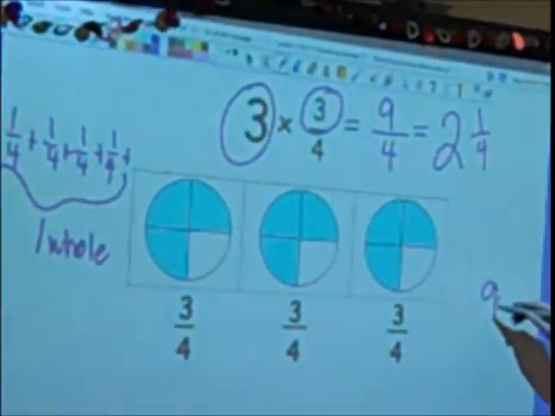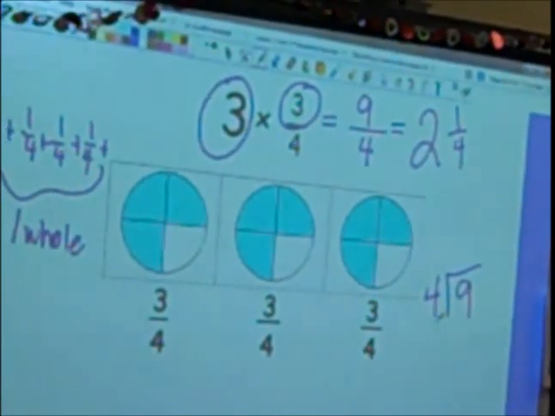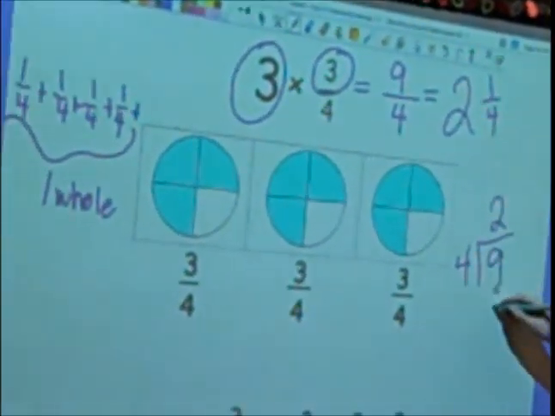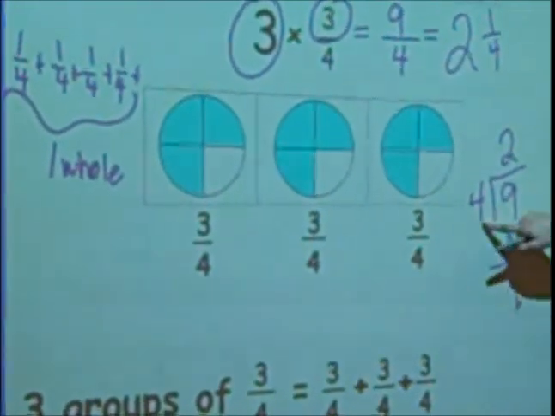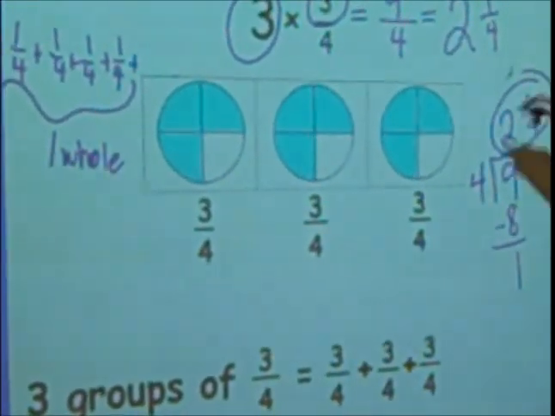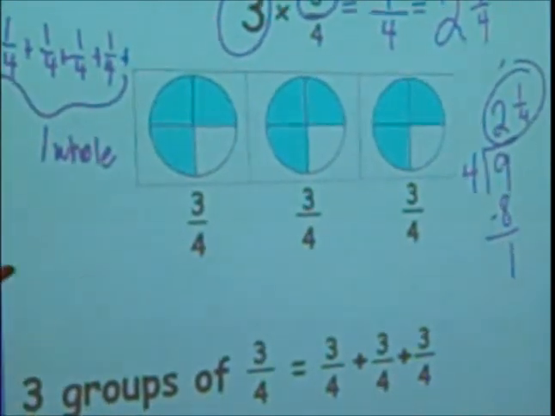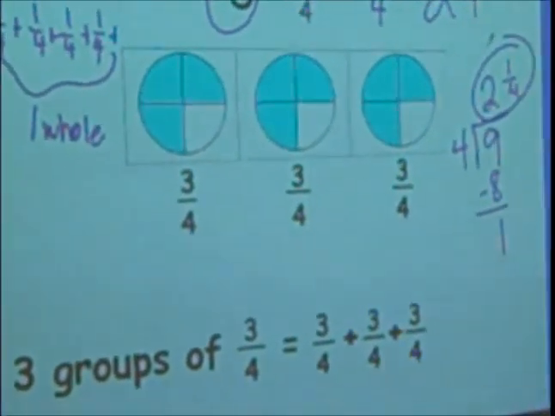And then in the advanced class, we did 9 divided by 4. I know I can have two groups, meaning I would take 8 away, leaving me with 1 left. So I have 2 wholes with 1 out of 4. There's my answer. And these would all be basic division facts with remainders.